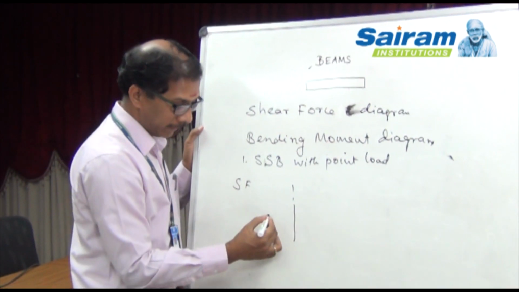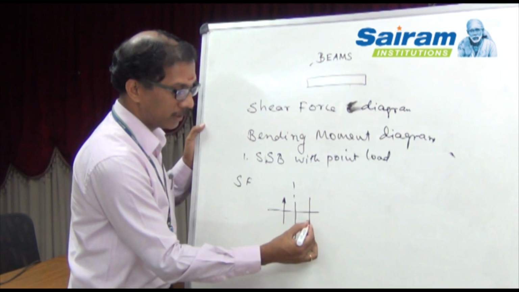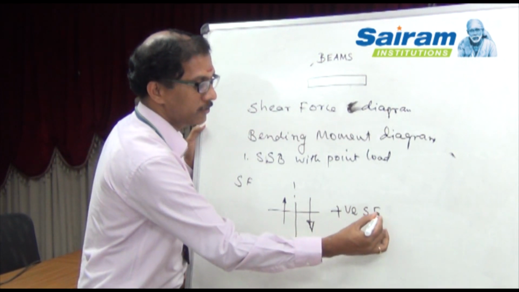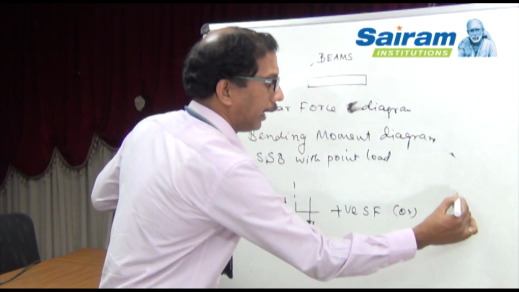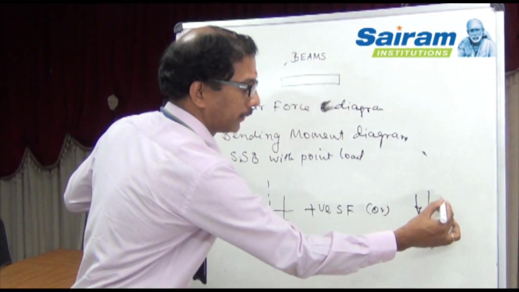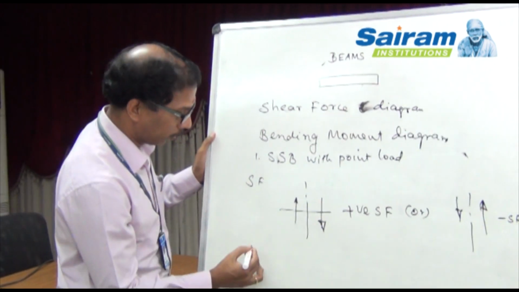If you take a section of the beam, if the load acts upward to the left or downward to the right, we take positive shear force. Otherwise, if the load acts downward to the left or upward to the right, we take a negative sign for shear force. Same way for bending moment.